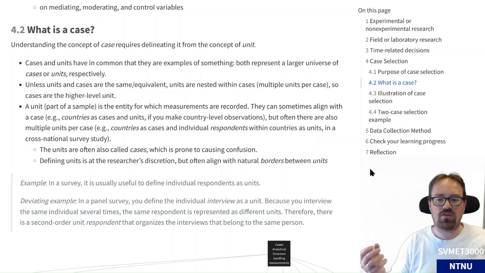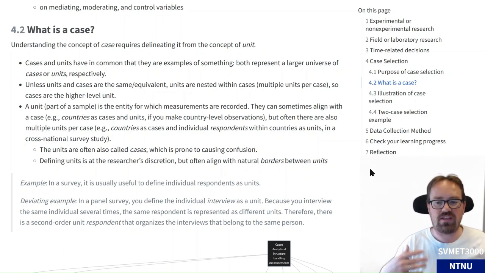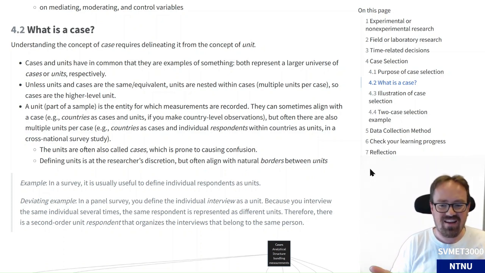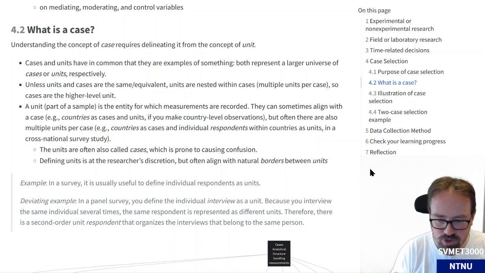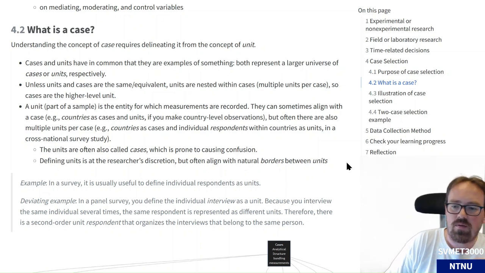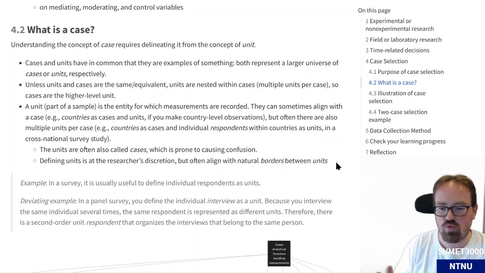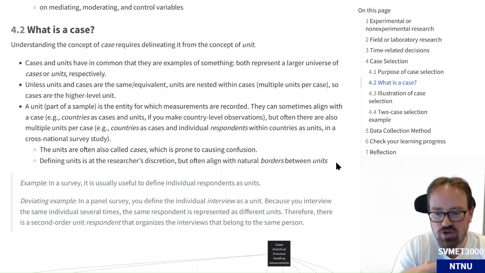Often you want units to align with a natural perceptual border, so two different persons are of course two different units, which makes sense, but in principle you could also try to put several people into one group and record measurements by the group at the group level, so you create an artificial unit that doesn't immediately align with the natural borders.